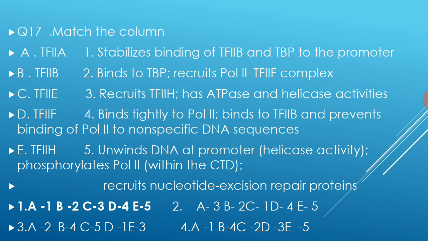TFIIF binds tightly to Pol II, binds to TFIIB, and prevents binding of Pol II to non-specific DNA sequences, correct? TFIIH unwinds the DNA at the promoter, has helicase activity, phosphorylates Pol II, and recruits nucleotide excision repair proteins.